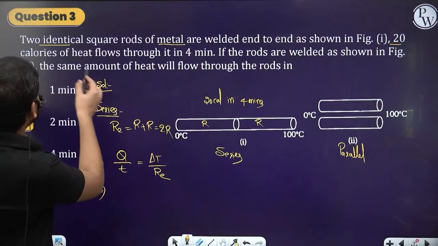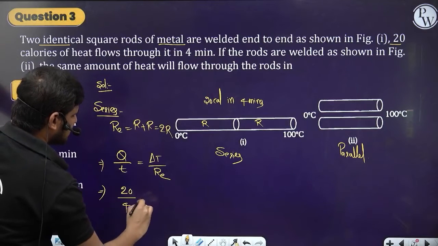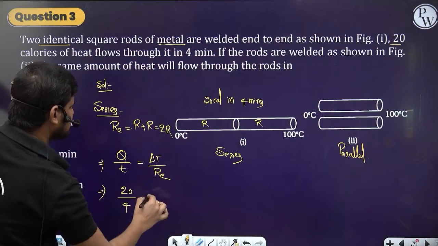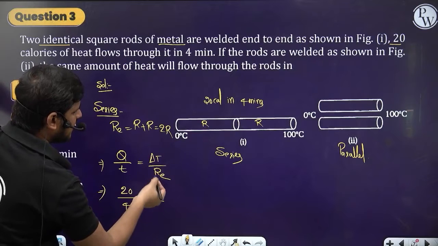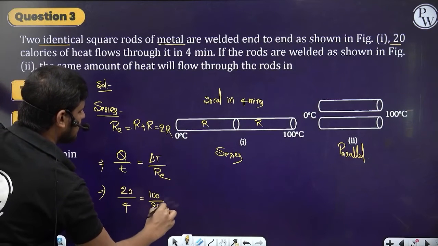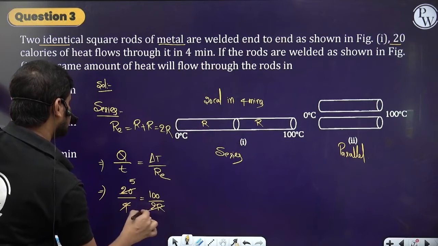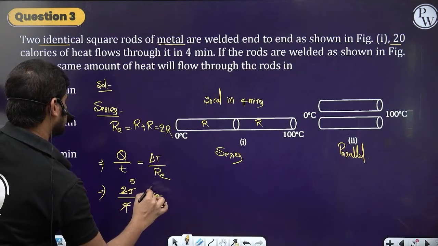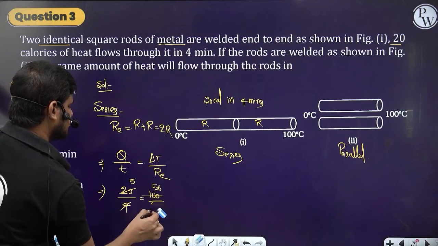In the first one, 20 calories of heat by 4 is equals to delta T, the temperature difference: here 100, here 0, so 100 minus 0 by R equivalent, which is 2R, right? So this is 5 times, and then this comes out to be 5 times 50, and R remains constant, right?